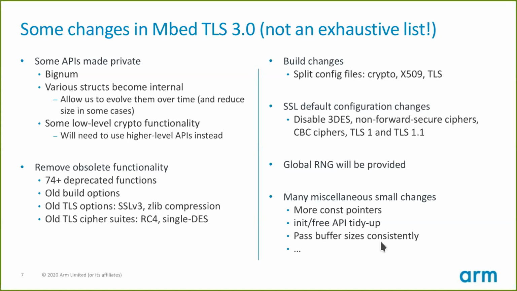Another kind of change affects a number of functions. Some functions assume that you know what you're doing, and you know that if you're calling a certain function with a certain algorithm, then you must pass a buffer of a certain size. And if you don't pass a buffer of the right size, the library will happily behave according to its documentation and assume that you pass a buffer of the right size.